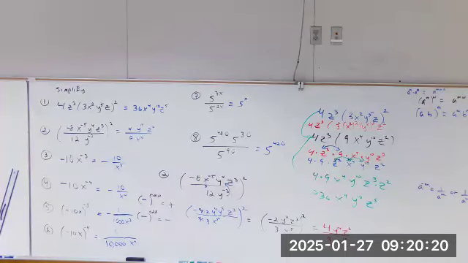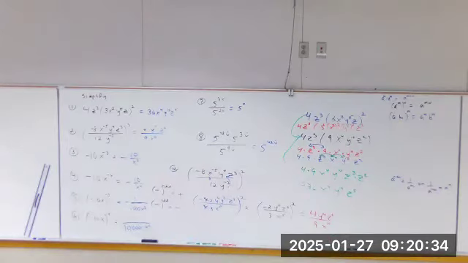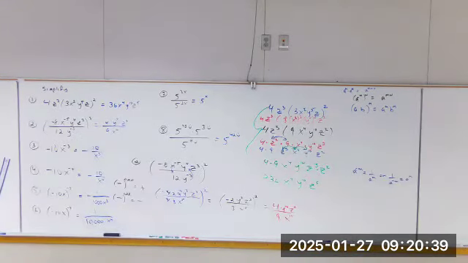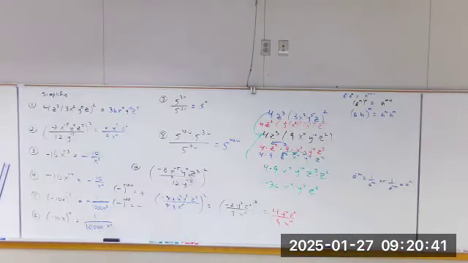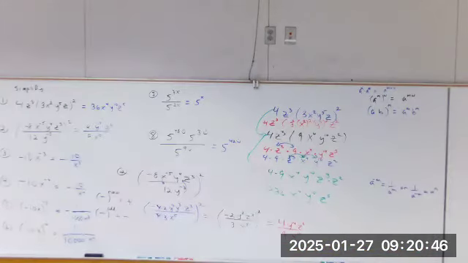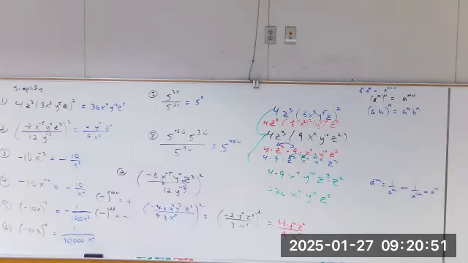Any clarification on that? 3 through 6. Anything there? 5 and 6. Okay.